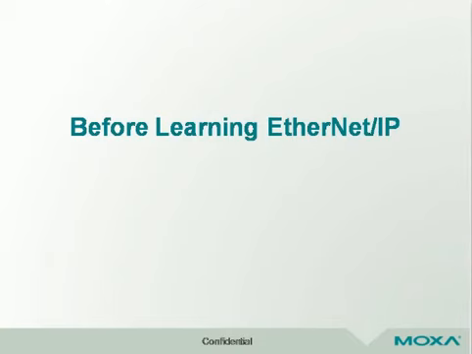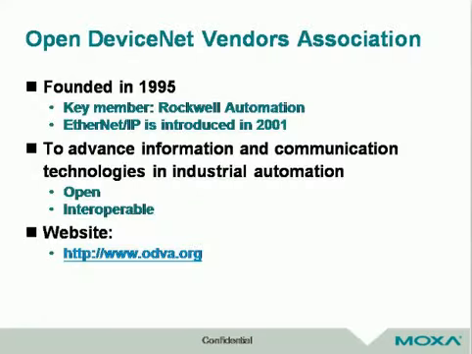Let's start today's course. Before learning EtherNet/IP, there is some background information I would like to introduce. The first thing is an organization, the Open DeviceNet Vendors Association, or ODVA. The ODVA is an international organization that supports computing network technologies based upon the Common Industrial Protocol, the CIP.